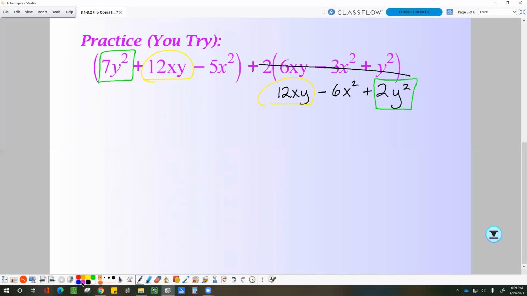Make a little code for yourself so that you know which ones go with which. Okay. So you go ahead and combine those either this way or by lining them up, combining like terms. And you can pause this for a moment and just see what you get.